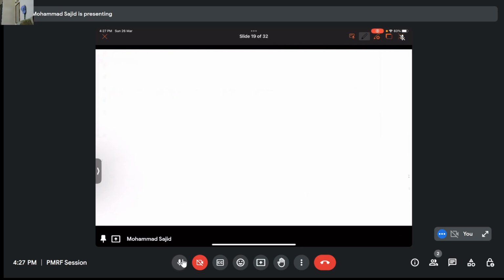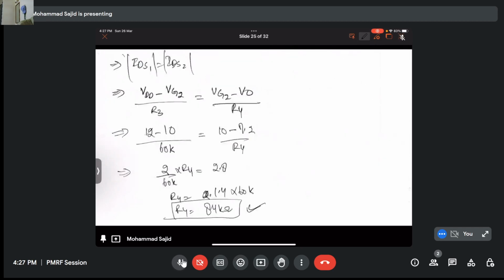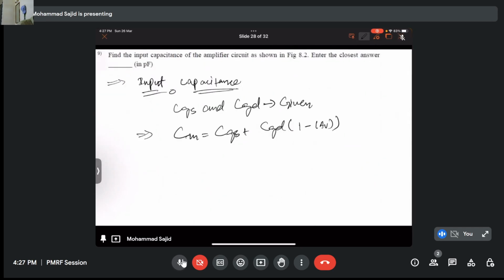This is given to us as 10 and 5 picofarad. So my C in will be equal to 10 picofarad plus 5 picofarad times 1 minus. What about gain? Gain you will have calculated in the previous step.